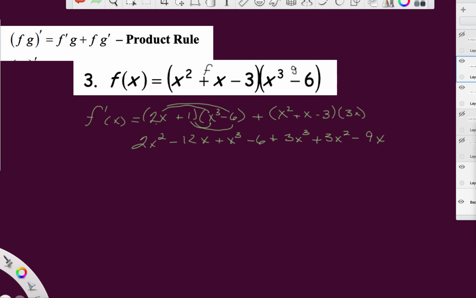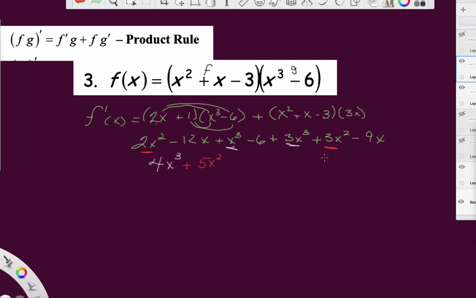Okay? So we find our like terms, and we put those together. Let's look for our cubic terms. Here's an x cubed and a 3x cubed. So what do we have? 4x cubed. Then we'll look for other terms that are alike. Do I have 2 squared terms? Yeah, right up front here and way back here. So 2x squared plus 3x squared is 5x squared.